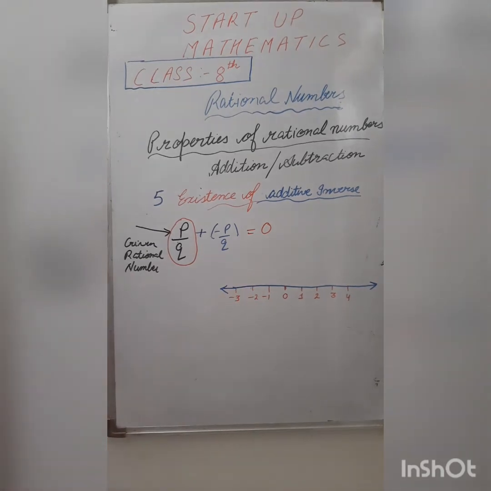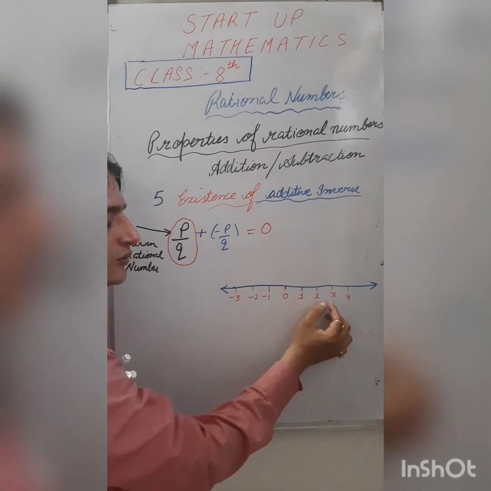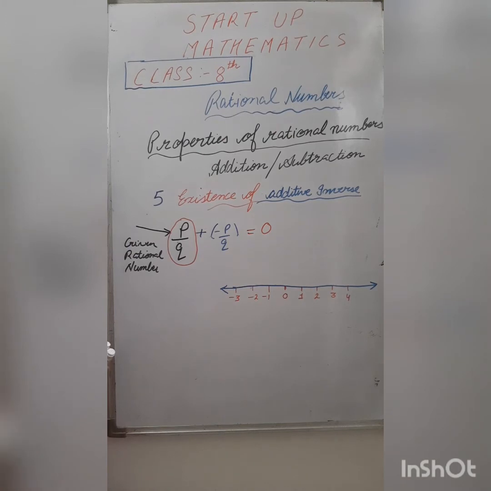So this is our number line. It's a horizontal line marked at equal intervals, and each equal interval is called a unit distance.